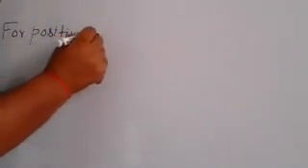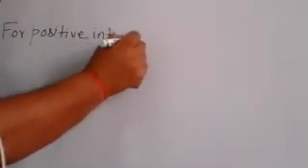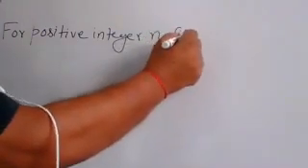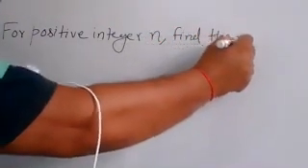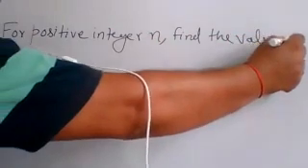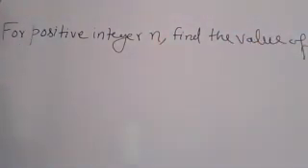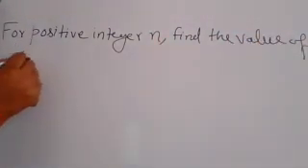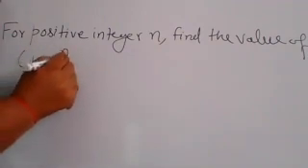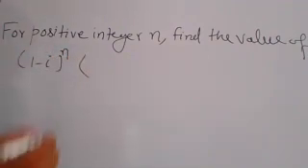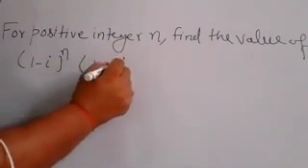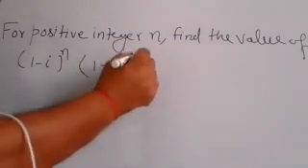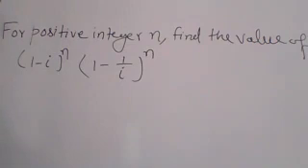For positive integer n, find the value of 1 minus I to the power n into 1 minus 1 upon I whole power n. You have to find the value of this one.